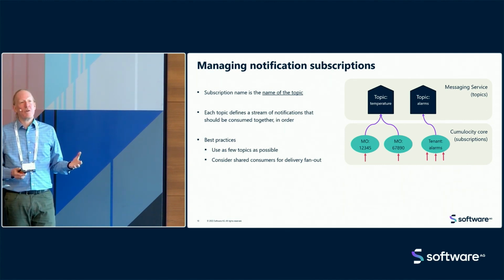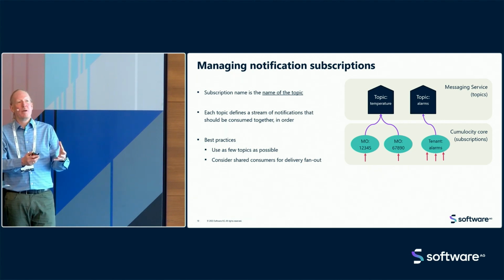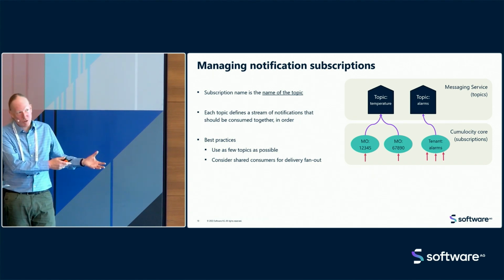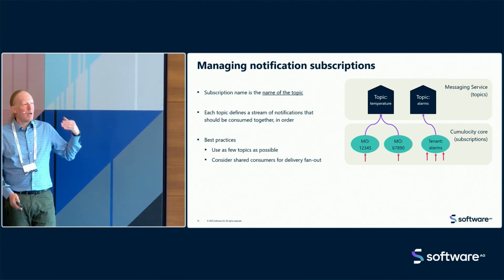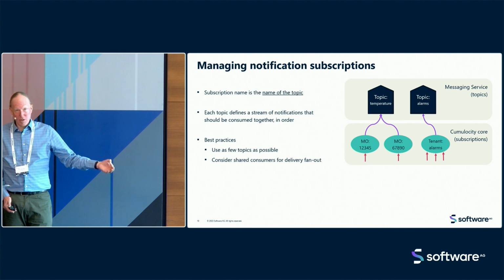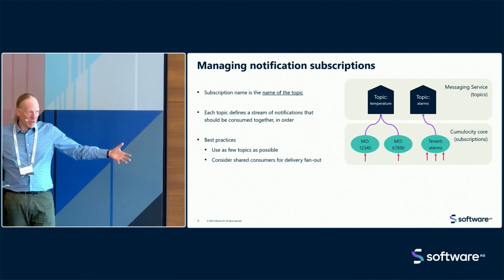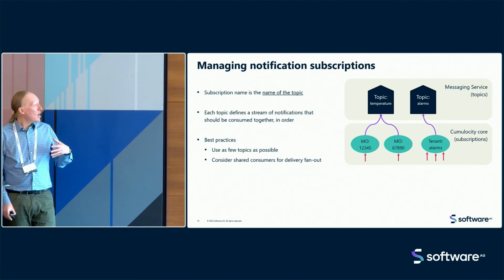But typically that's not what you want. You want to combine all of those measurements from all of those devices or from some group of devices together into one stream and consume them all together. So you should have a single topic for that, not hundreds or thousands of separate topics.